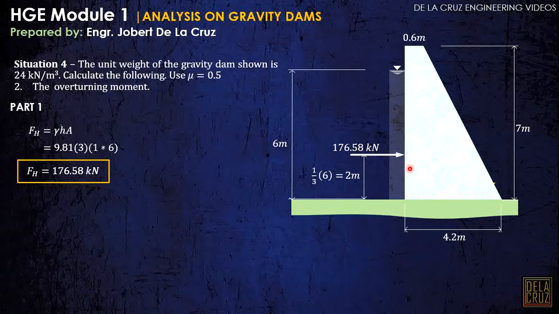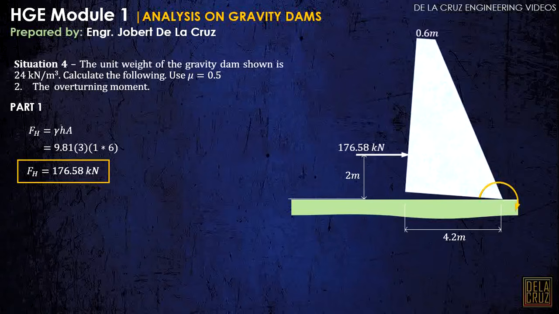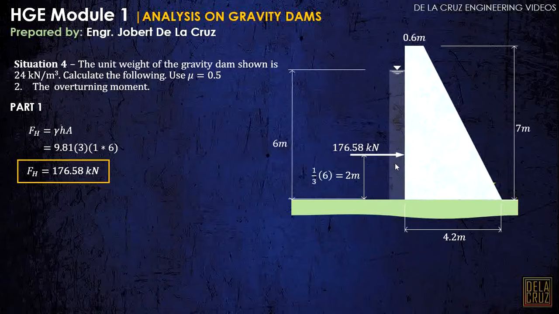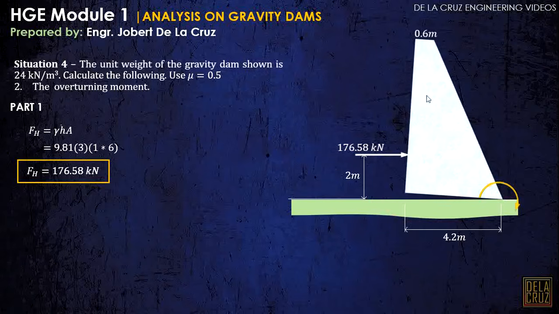Now the overturning moment here is what will tip our dam like this. Look at this. Clear? Let's go back. Because of this force, it will cause rotation about this toe. That is just an exaggeration. So it will cause an overturning moment here.